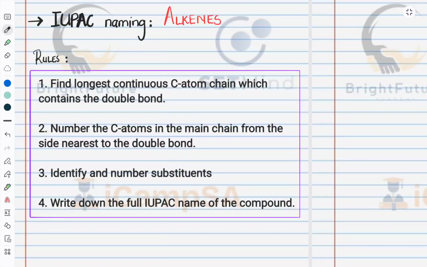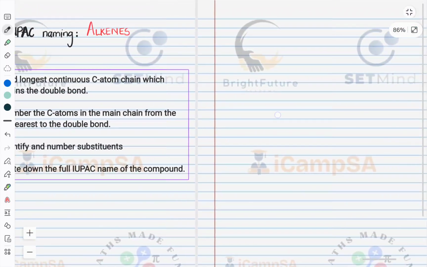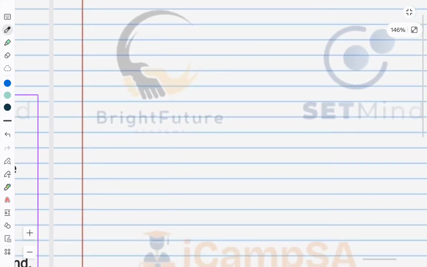Our priority list has the double bond as number one, followed by the alkyl group. Then we number the substituents, also called our alkyl groups, and write down the full IUPAC name once we're done. Let's take examples and see how we do this.